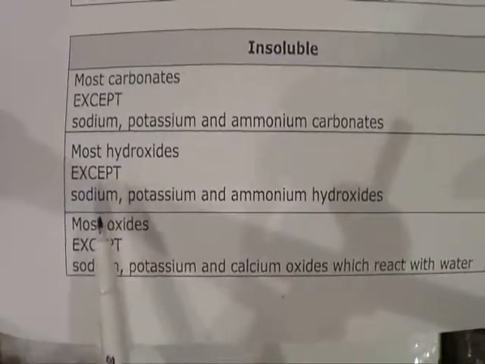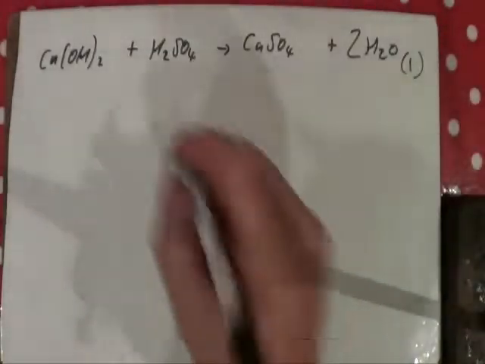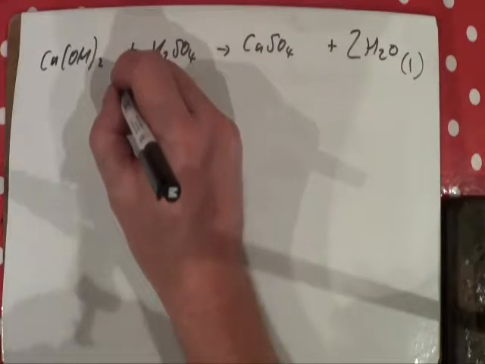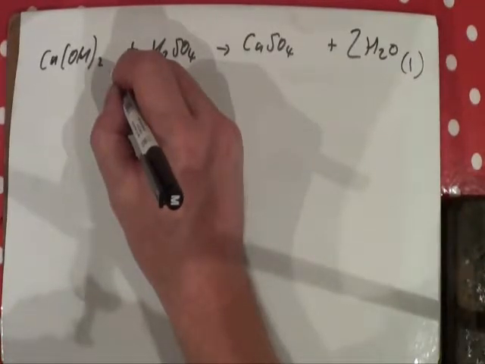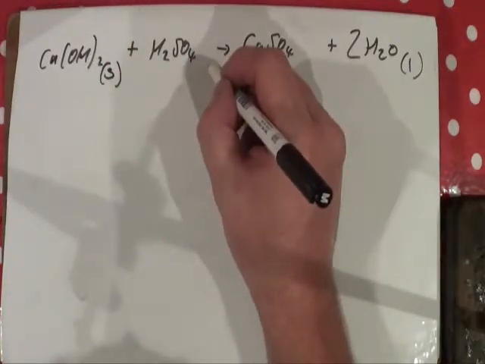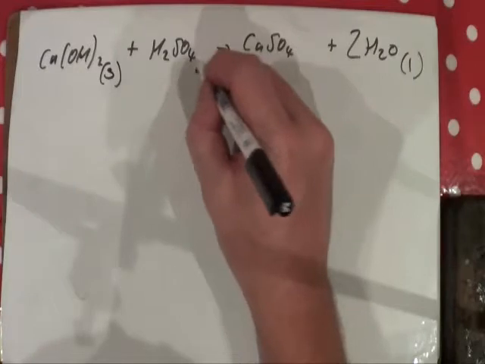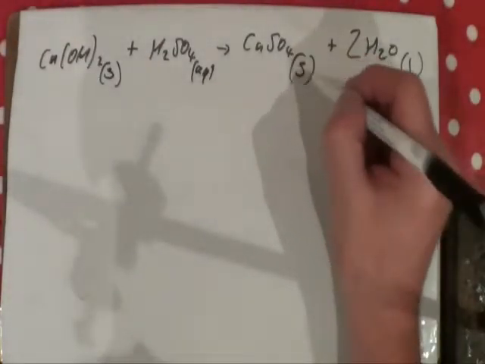So if we go down here, most hydroxides are insoluble, except sodium, potassium and ammonium. So calcium hydroxide is insoluble. With sulfuric acid, by definition acid. Calcium sulfate here, calcium sulfate is slightly soluble, so we're probably going to write S there, and that's it done.